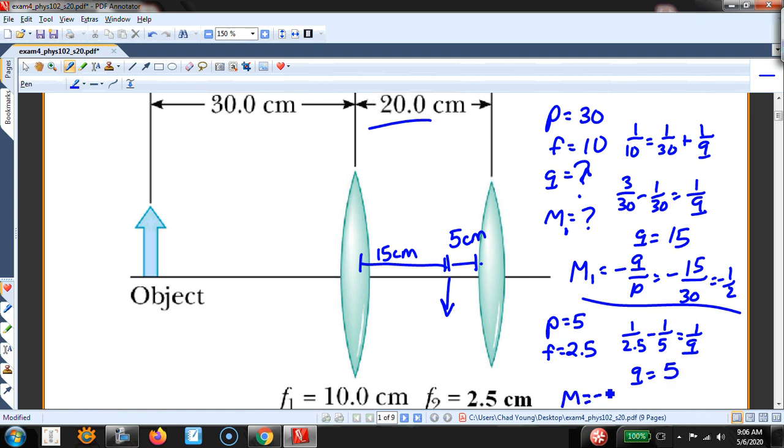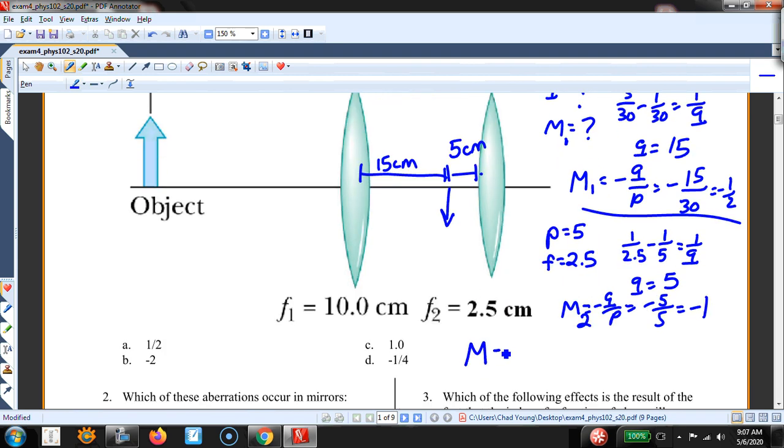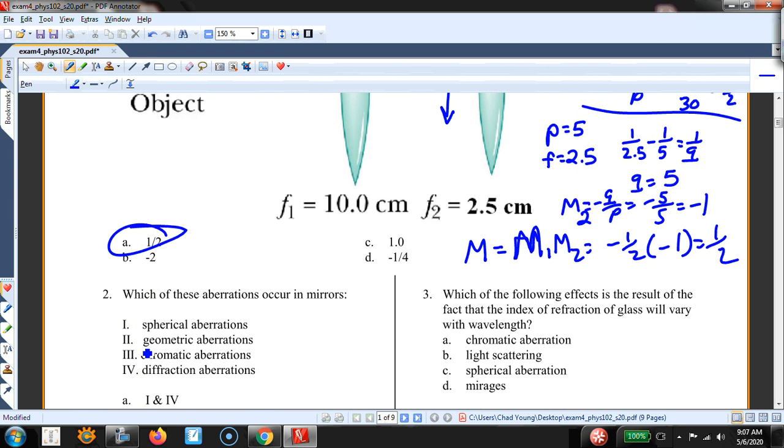And then M is negative Q over P, which is negative 5 over 5, which is negative 1. That's M2. And then for the total magnification, I do M1 times M2, or negative 1/2 times negative 1 is equal to 1/2. So my total magnification is 1/2.